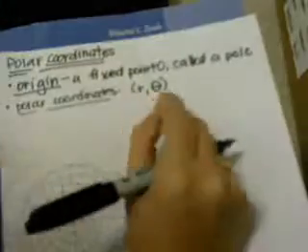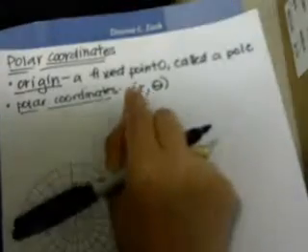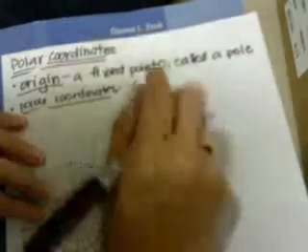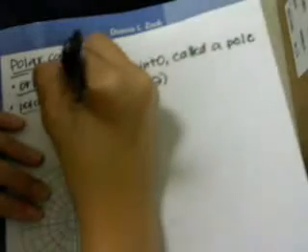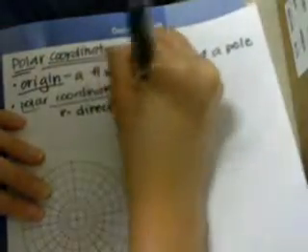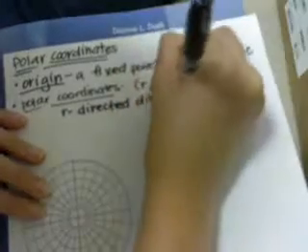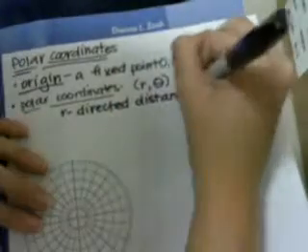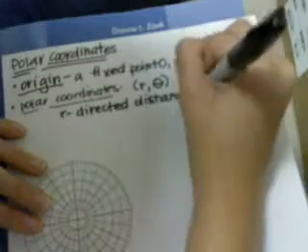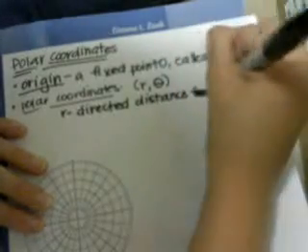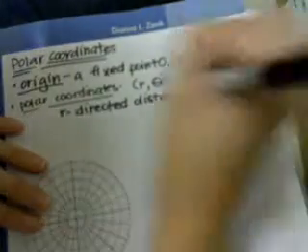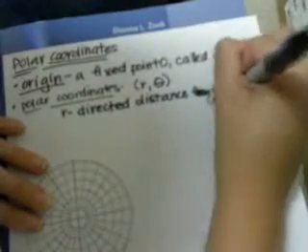So instead of x, y, it's r theta, where r represents the radius and theta represents the angle. The r is the directed distance from O to P. And again, that's the same as the radius.